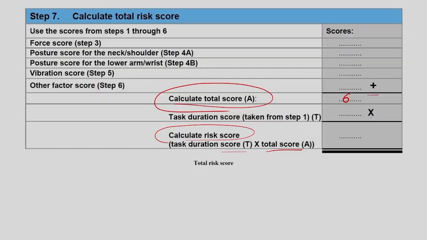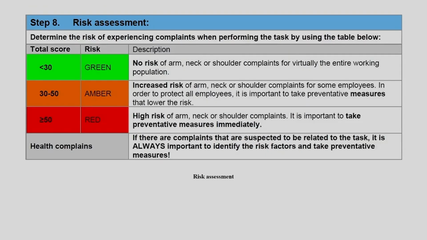So 6 into 6 is 36, something like that you will be getting, okay. That is the total risk score. I am saying that we have not touched this, this is a random value I have assumed, okay. So you can do it for your case.